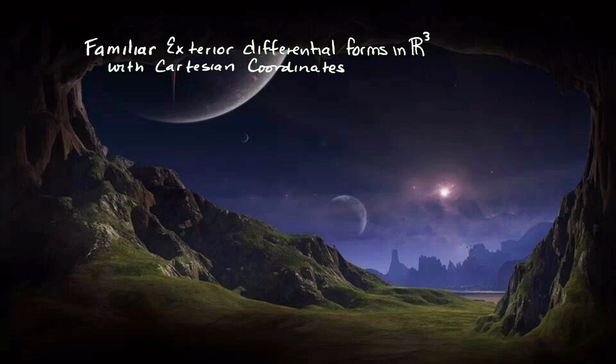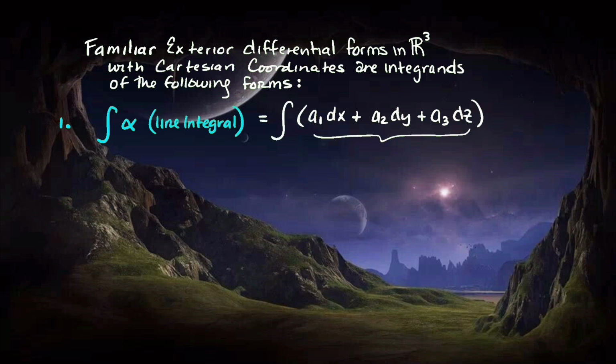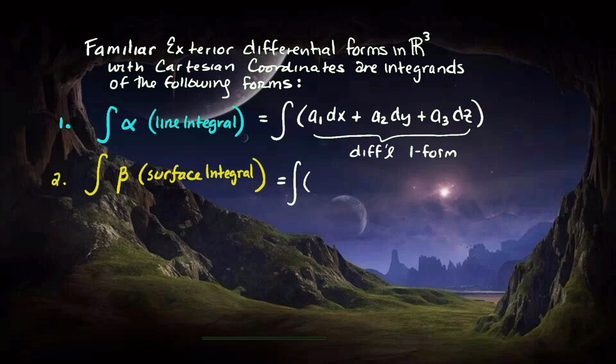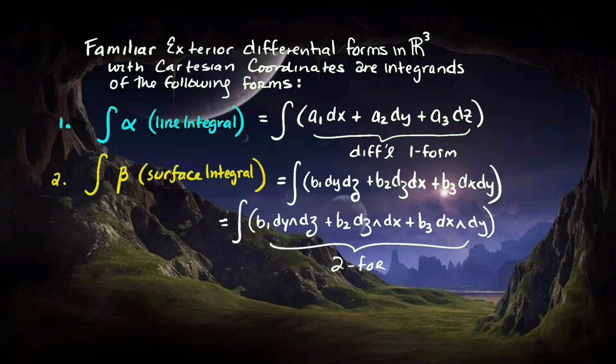So familiar exterior differential forms in R3 with the Cartesian coordinates are integrands of the following form. So let's say we have the integral of alpha, which is a line integral, then it has the differential 1 form as its integrand here. If we're talking about a surface integral with the integrand beta, beta expands in the following way, which we can expand in terms of the wedge product of these differential forms here.